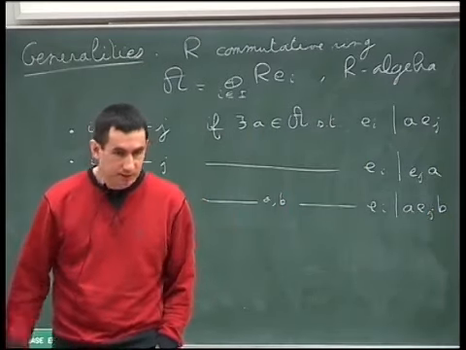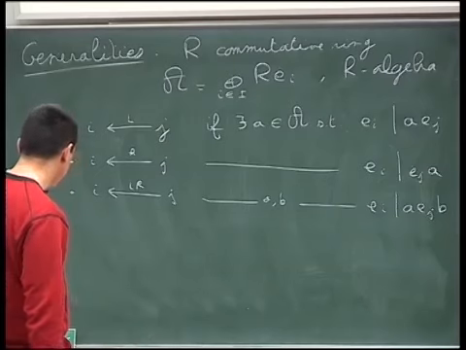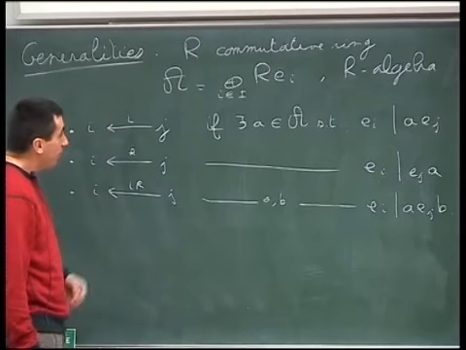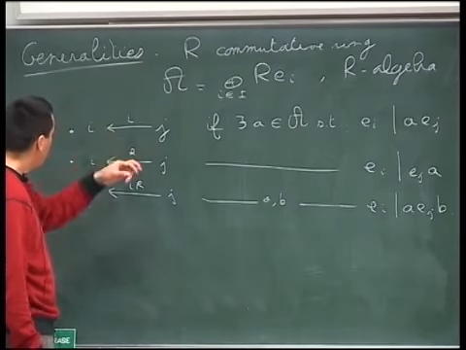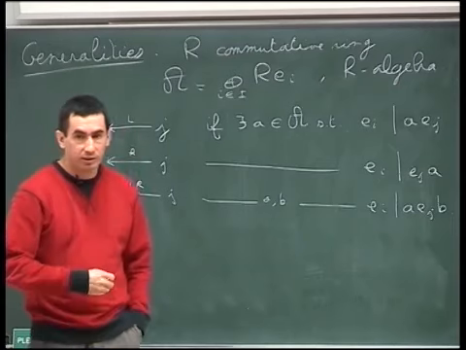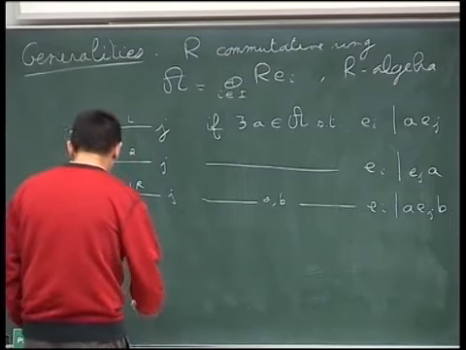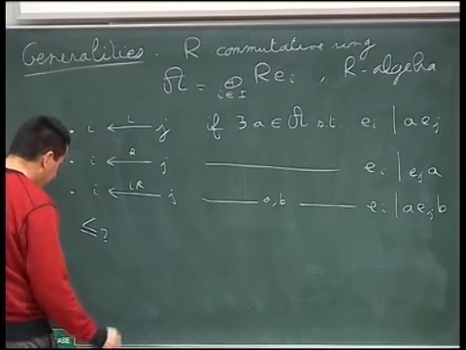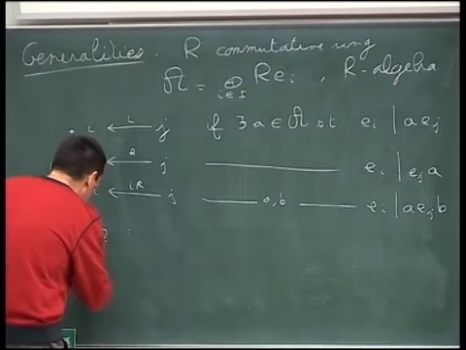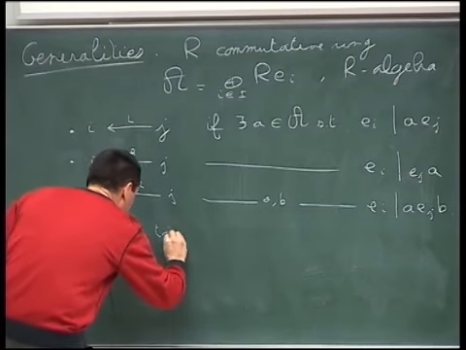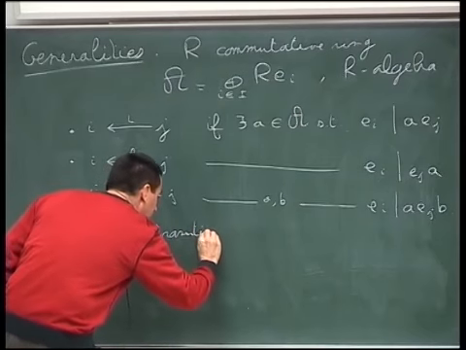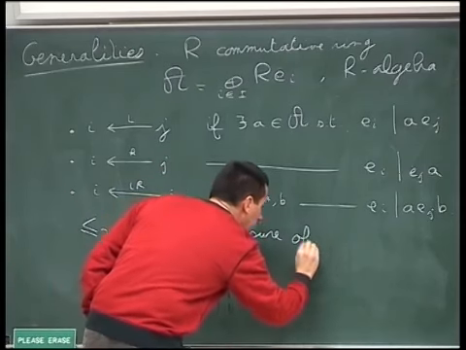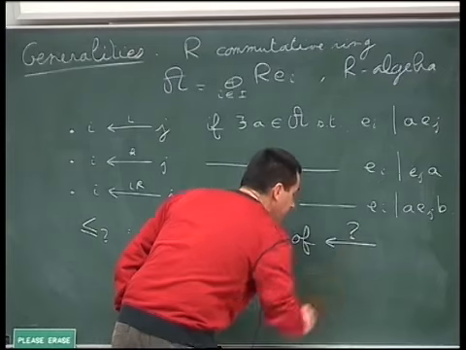Well, this you can do for any algebra which is free over the base ring. And of course, this relation is not in general transitive, but you can take the transitive closure of these partial relations.